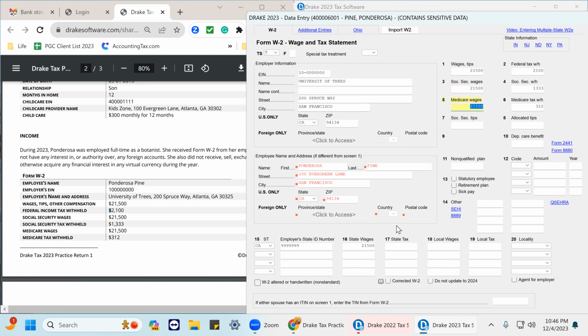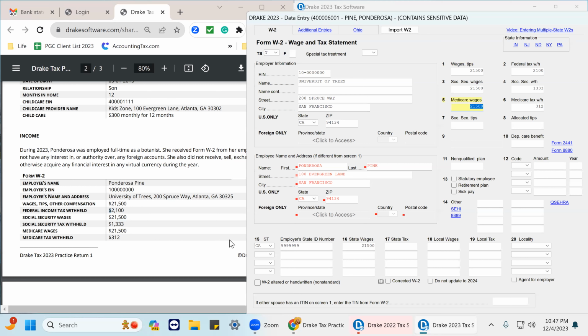Not necessarily all the time, but in this scenario they are the same. It means this person does not put in any 401k or other pre-tax items. If box 1, box 3 and box 5 are different, you have to override box 3 and box 5. In this scenario, it's the same.